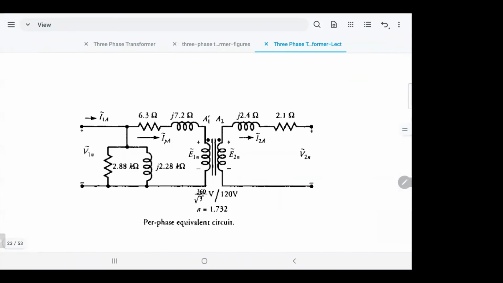You have the secondary voltage V2, the reactance of the primary, and the branch for the magnetizing part. In the beginning you can make a simple calculation.